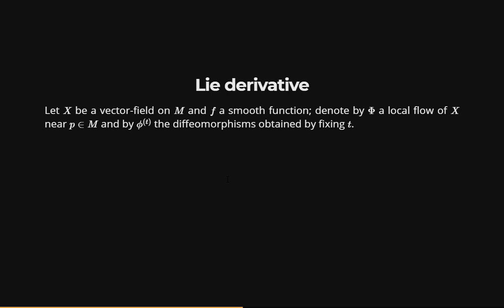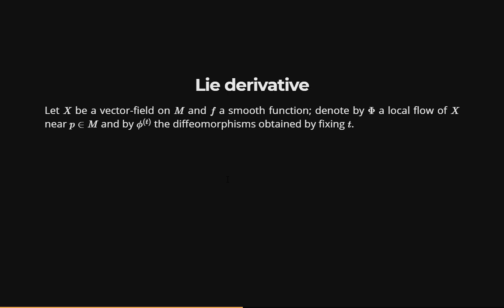Lie derivative is a way to differentiate things along a vector field. So you take a vector field X. You take a local flow of X near a point, and phi of t is the diffeomorphism obtained fixing t the time. So it's a diffeomorphism of what?